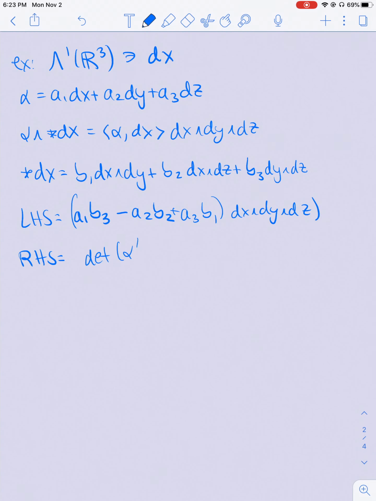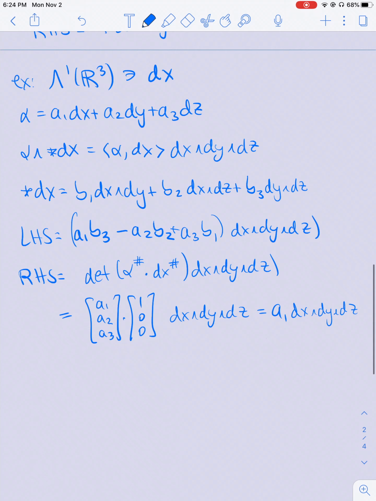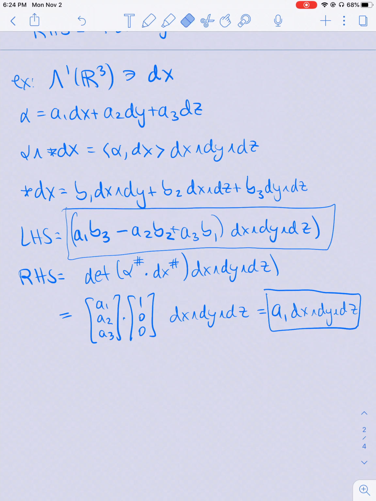So this is going to be a1, a2, a3 dot 1, 0, 0, dx wedge dy wedge dz. And so this is just going to be a1 dx wedge dy wedge dz. Okay, so what this boxed equation up here tells me is that a1 dx wedge dy wedge dz is equal to this thing.